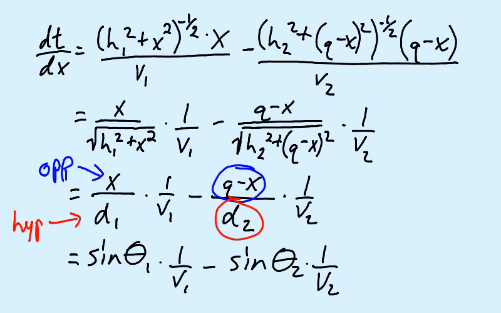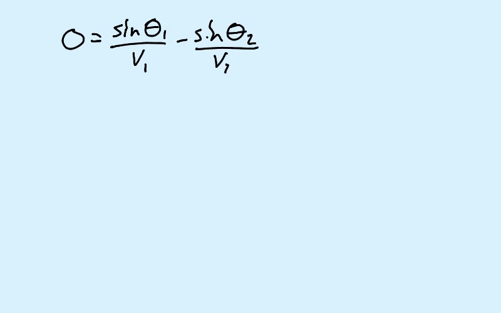Now that I have my derivative completely simplified down and I have introduced my sines back into the derivative, I can optimize it by setting the derivative equal to 0. From there, it's just a simple add sine theta 2 over v2 to both sides of the equation, and I have my final form of the proof.